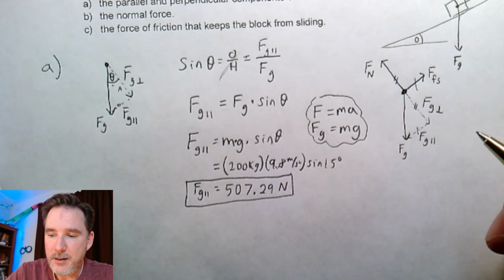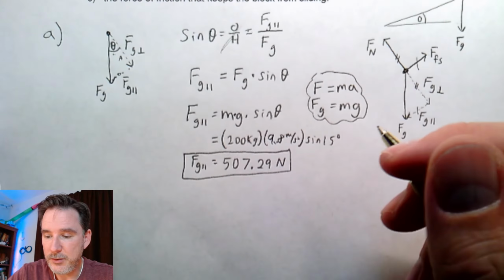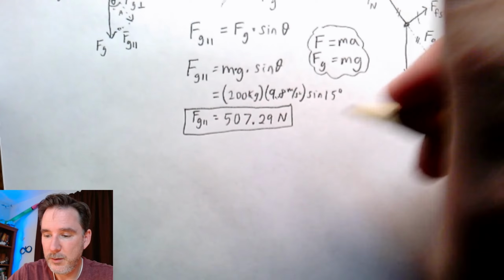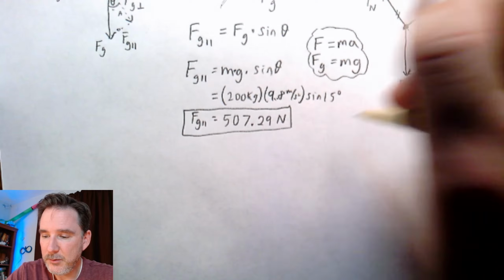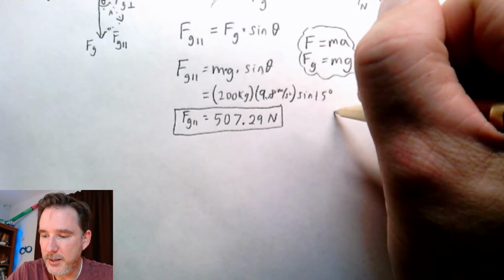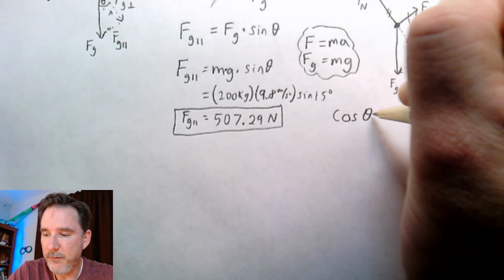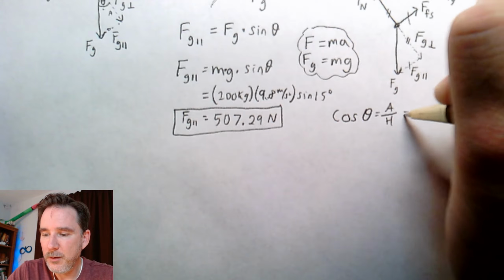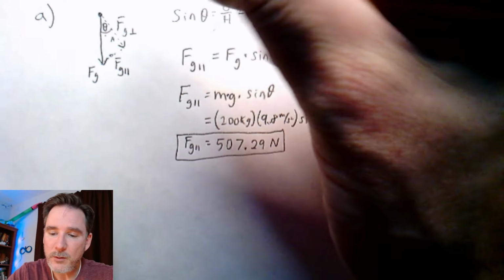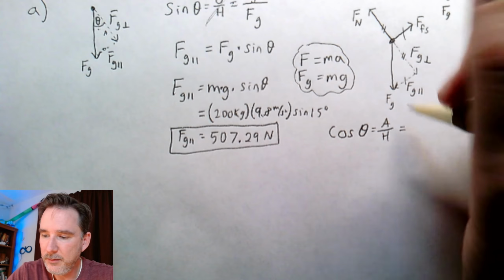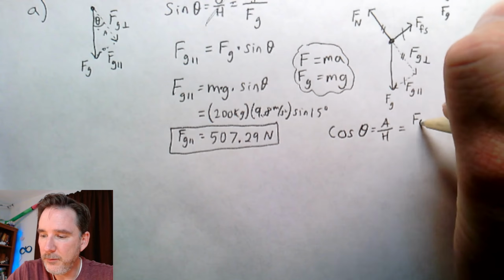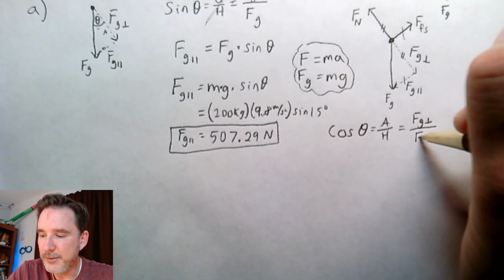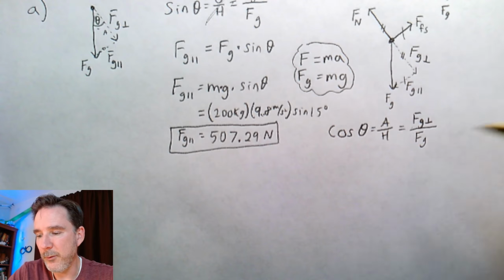We also have to find the Fg perpendicular. To do that, I will basically do the same thing except with cosine. So where should I write this? How about here. We remember cosine of theta is equal to adjacent over hypotenuse. Our adjacent, if we look at our triangle, is Fg perpendicular, and the hypotenuse is, once again, Fg, the force of gravity.